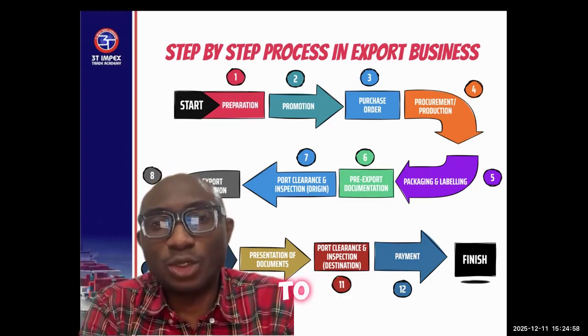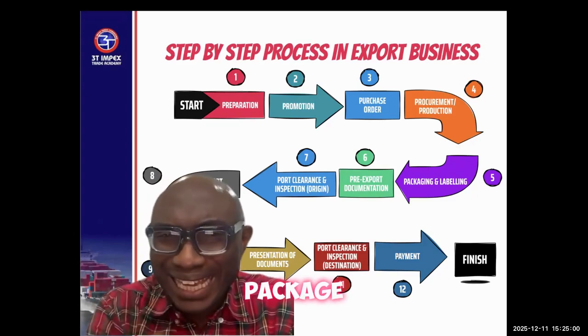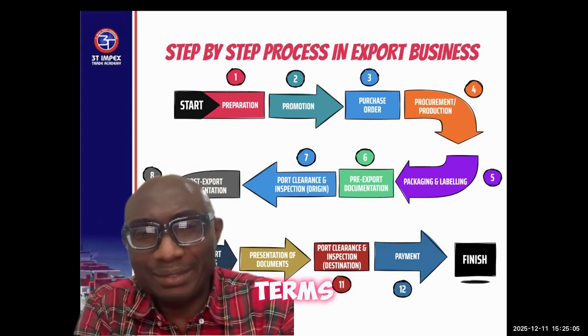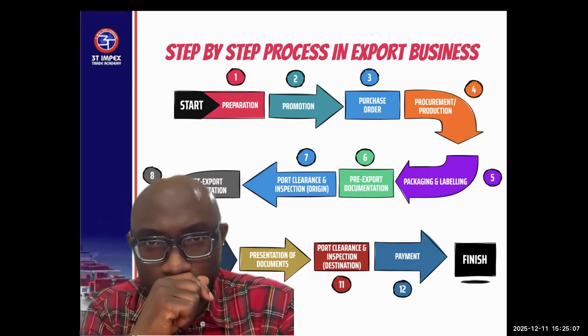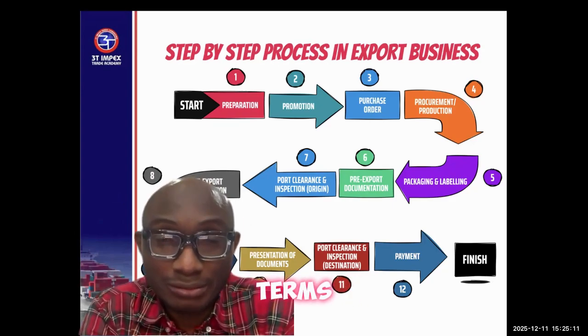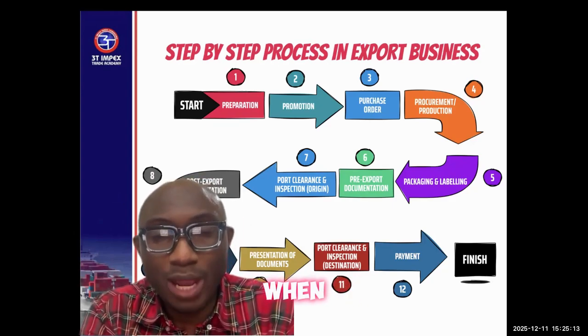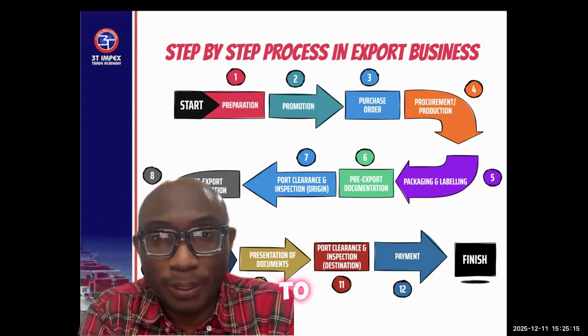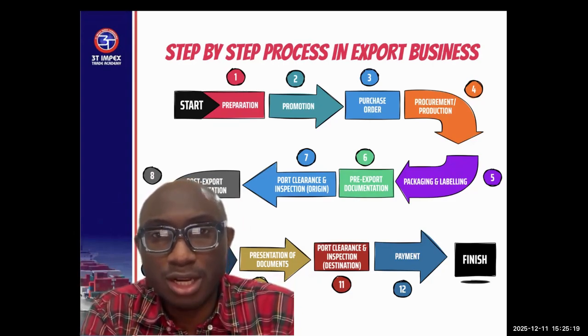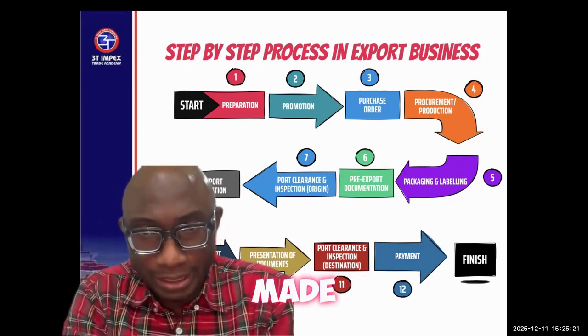It helps the financier to know how to package the facility, especially based on the payment terms or payment method. It helps the financier to know the payment terms. Who is paying? When is he paying? How is he going to pay? What needs to be presented for payment to be made?